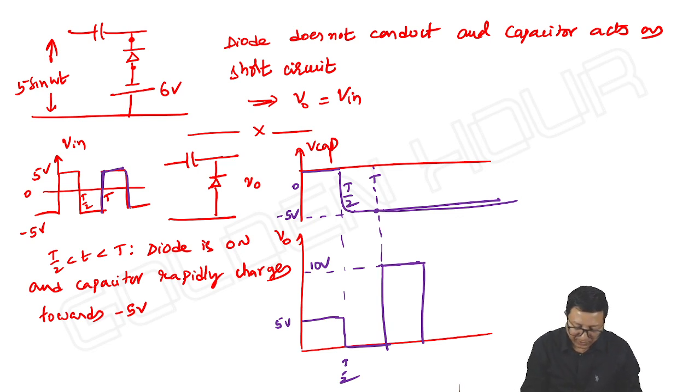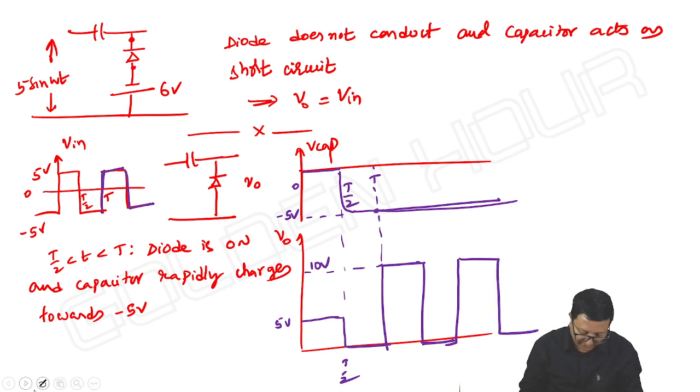Next input is minus 5. So capacitor voltage is minus 5. Minus 5 minus of minus 5, the output is simply 0. Next again it follows this way. Anyway, neglecting this transient, this is transient.